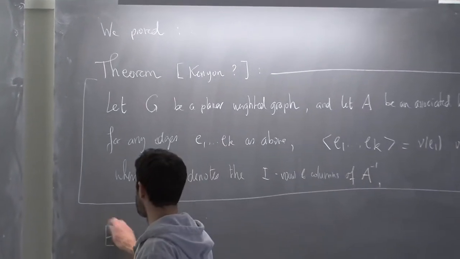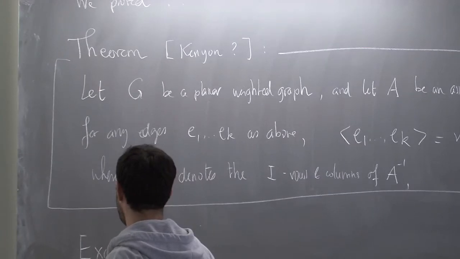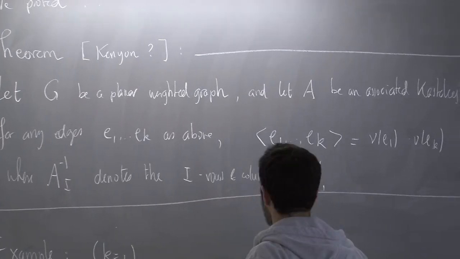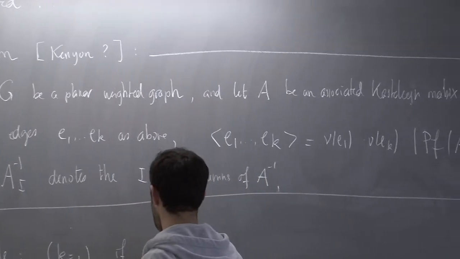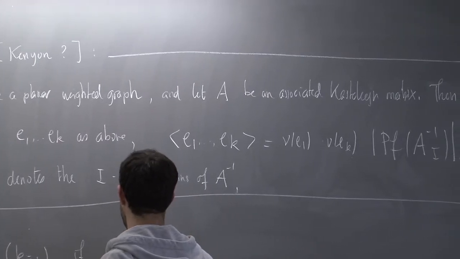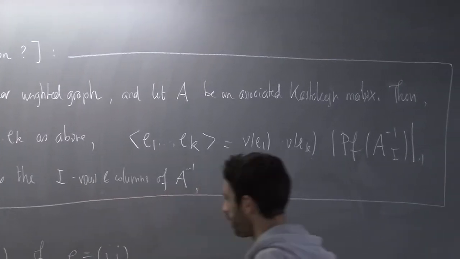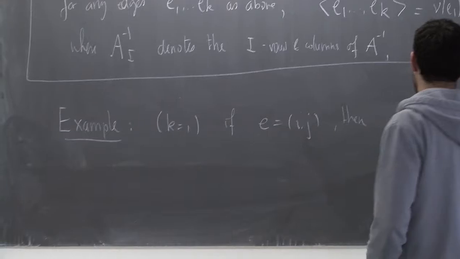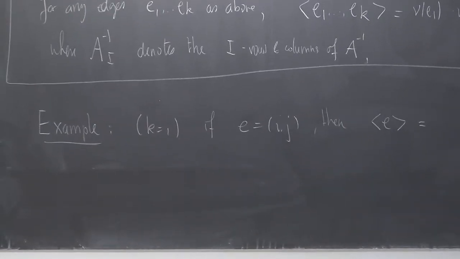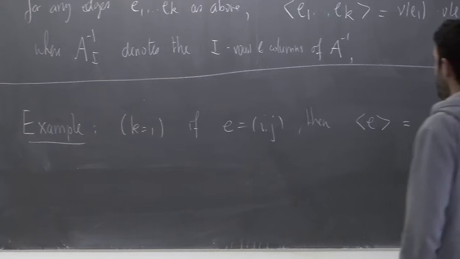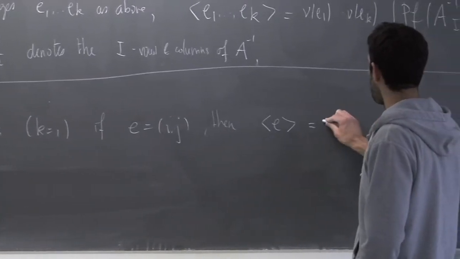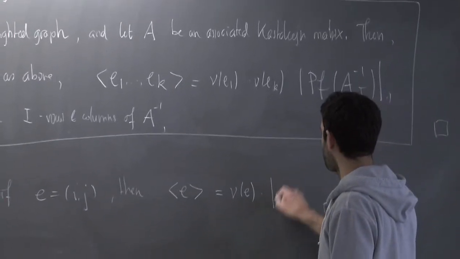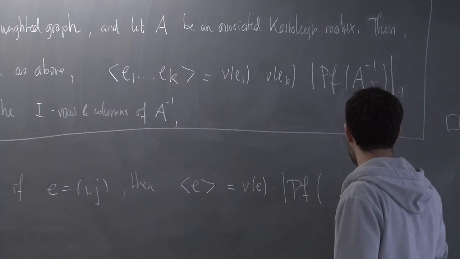Maybe just one example. Let's consider the case k equals 1. So what do we get? If we have one edge corresponding to the vertices i and j, then the probability that a perfect matching contains this edge is given by what? We have the weight of this edge times the absolute value of the Pfaffian.